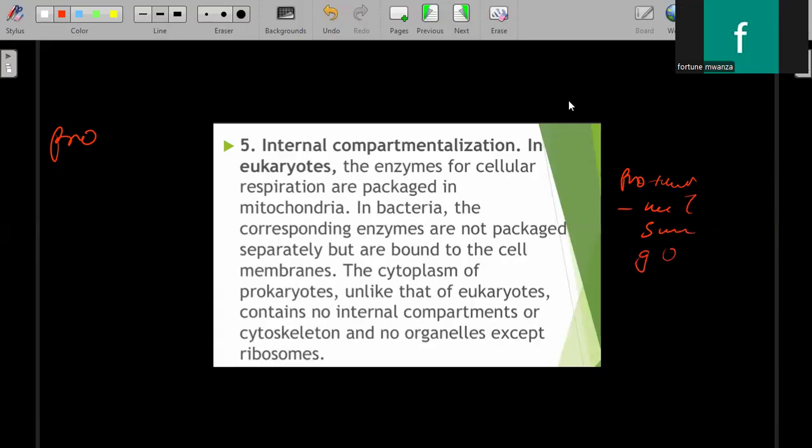Those organelles found in the cytoplasm, you are not going to find them in prokaryotes, but in eukaryotes, those are going to be there. In the prokaryotes, the only organelle we are going to find is the ribosome, which is also there in the eukaryotes. So that's the difference in terms of compartment.